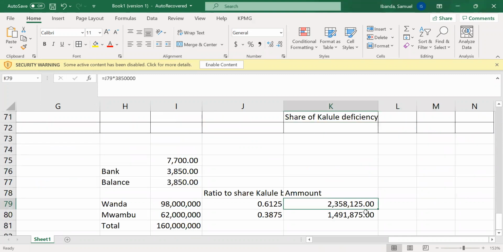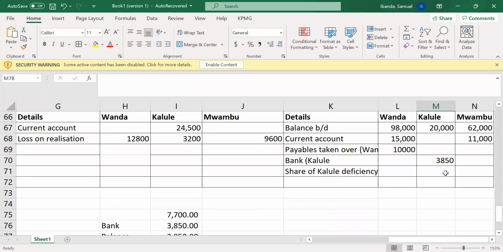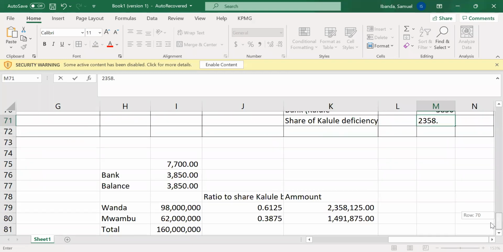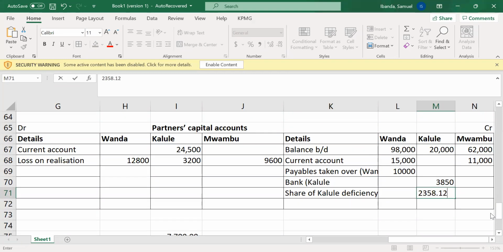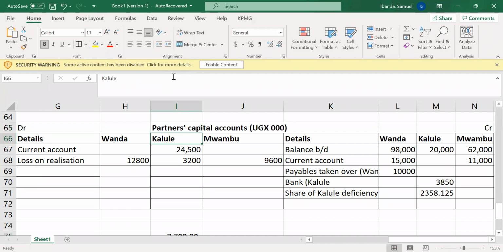So we can try to round off this. This will be 2358.125. I'm putting them in thousands since I'm working in thousands, and that reminds me to include the degree of precision. Make sure you include it at any time when you remember. So that value is there.